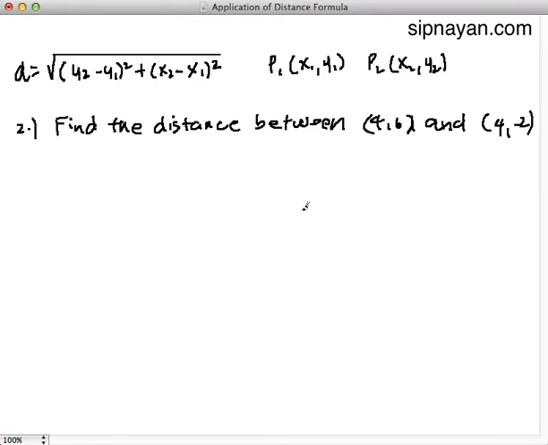Ano? So, pwede natin yan tignan. Pwede tayong gumawa ng ating Cartesian coordinate plane and then hindi na tayo magle-label, kasi masyadong matagal. 1, 2, 3, 4. And then 6. 1, 2, 3, 4, 5, no? 6.